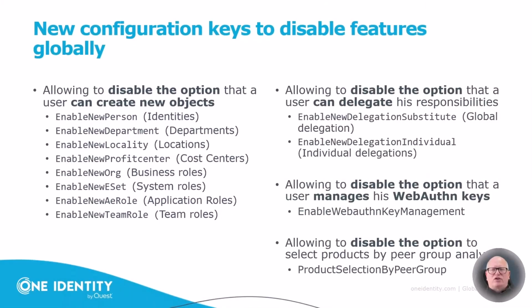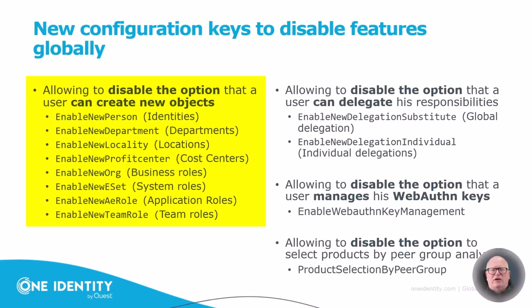More and more features for disabling or enabling are important for security reasons. We implemented a lot in the API of Identity Manager 9.3 in addition to what exists as well, starting on the left-hand side. It is now possible globally to turn off the creation of new objects.